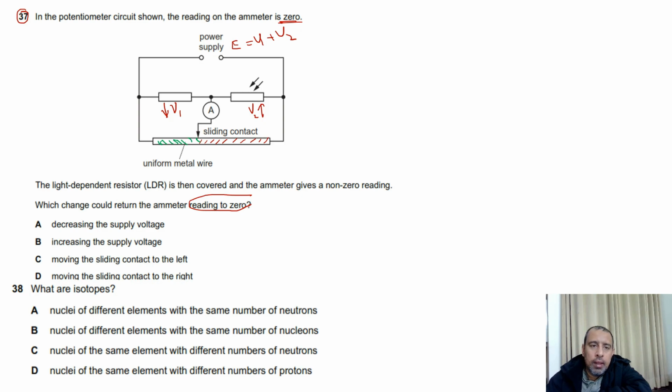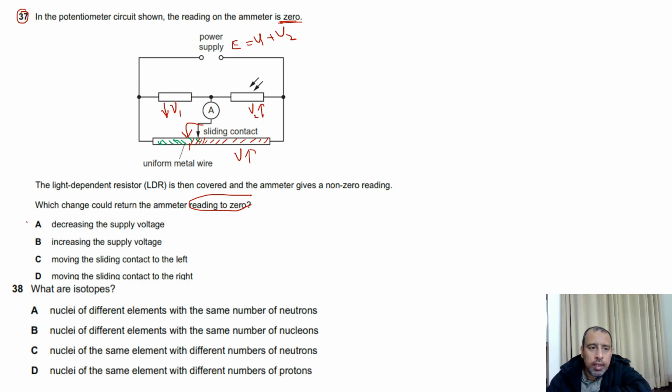If the LDR voltage increases and we move this contact somewhere over here, we can have more resistance here, and hence the voltage increases and becomes equal to this voltage, and the ammeter shows 0. It means when we move this sliding contact towards the left, we can get the ammeter reading 0 again.